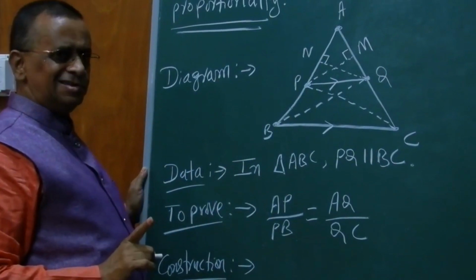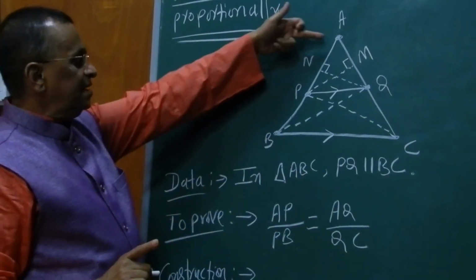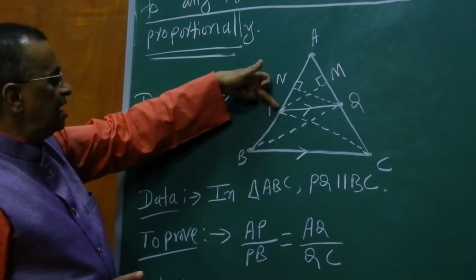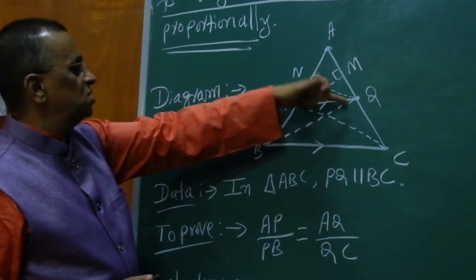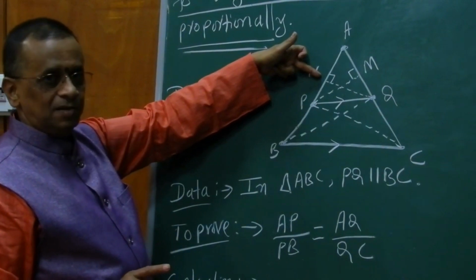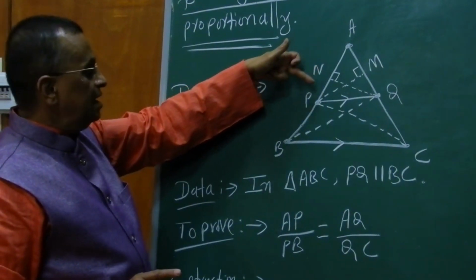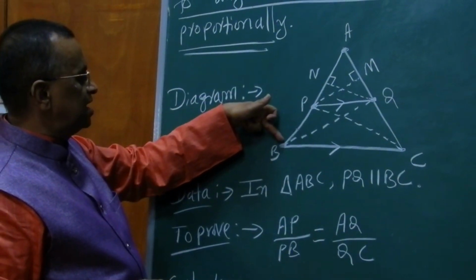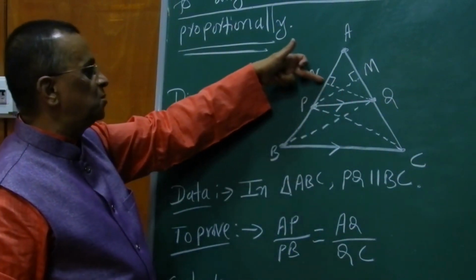This is because we take triangle APQ with AP as a base, and hence QN becomes the height. For another triangle PBQ, PB becomes the base and the height is the same QN.